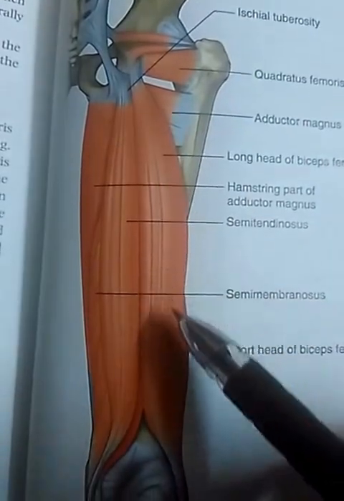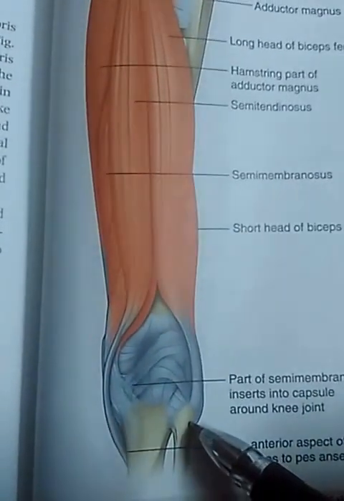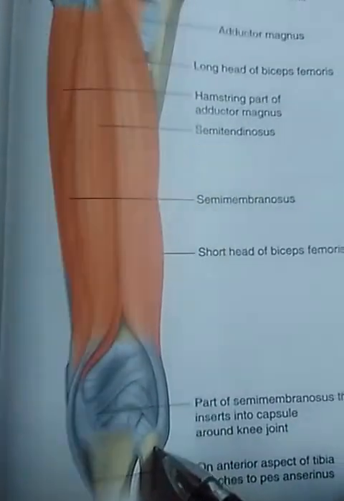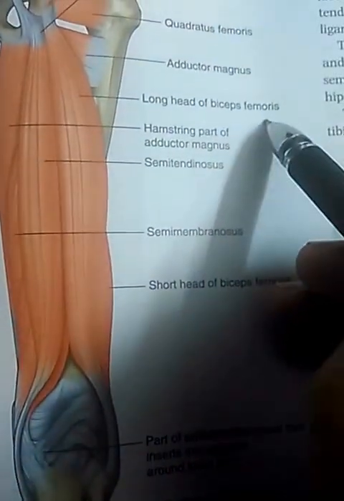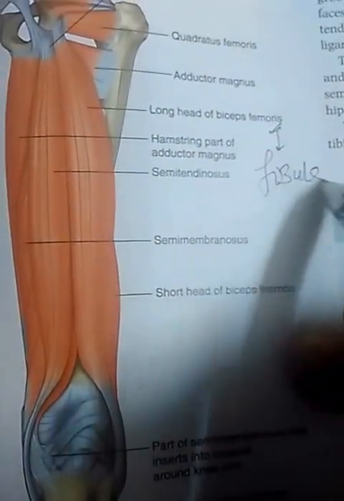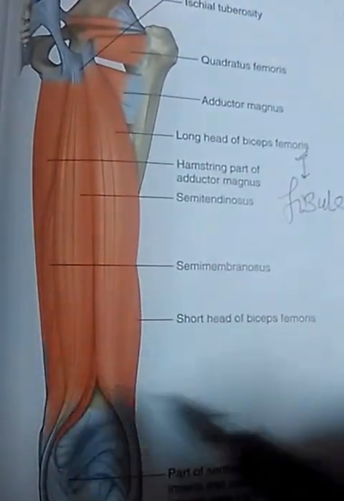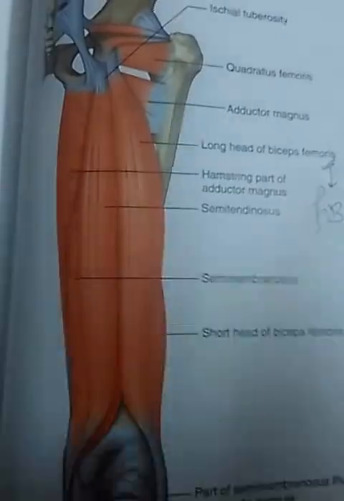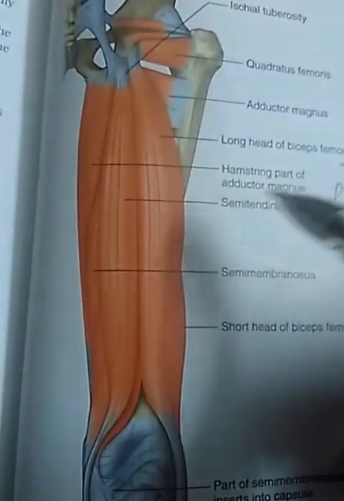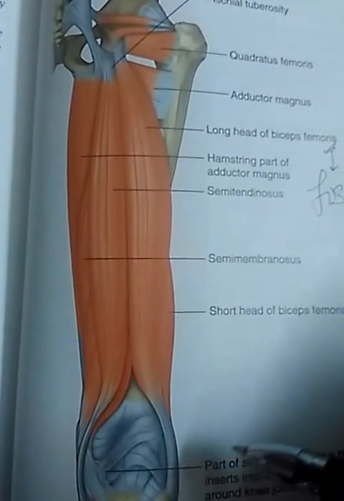This is the long head of biceps femoris, and as you can see, it is inserting into the head of fibula. So biceps femoris inserts into the fibula. All other muscles of thigh have attachments to the femur or tibia, but this one inserts into the head of fibula.